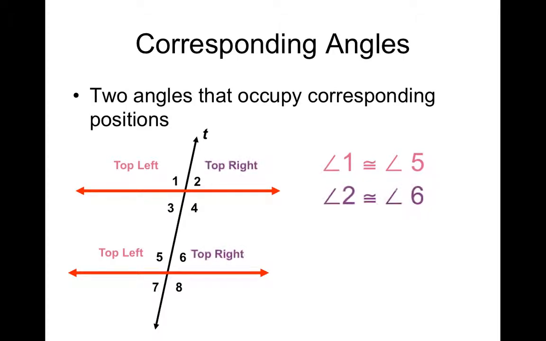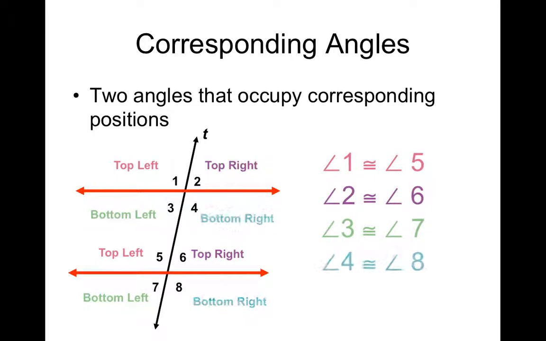That is, they have the same measure. Angle 3 and angle 7 are also congruent because they're corresponding. They occupy the same position, in this case, the bottom left. And finally, angles 4 and 8 are congruent because they're also in corresponding positions, in this case, the bottom right.